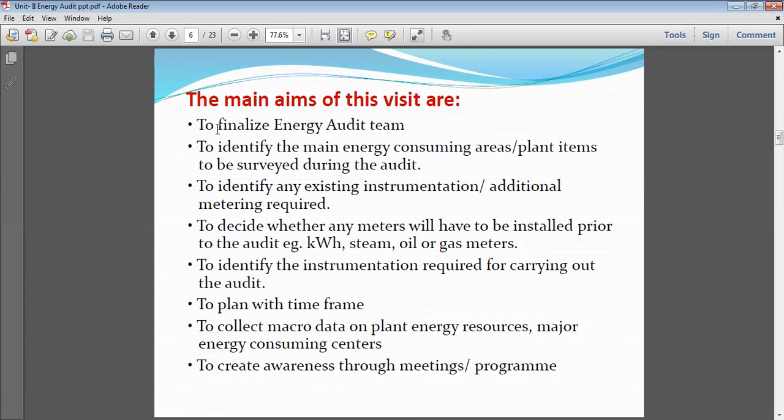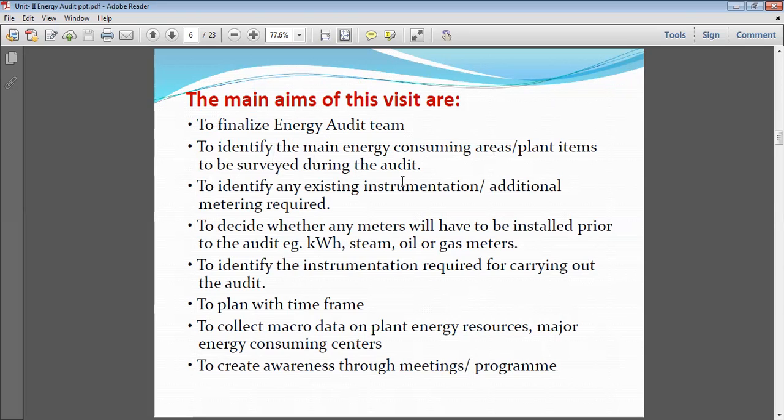Then only is it possible to do the energy conservation or energy audit program and get fruitful results. Otherwise, if you do not build confidence among the people, we cannot execute that program.